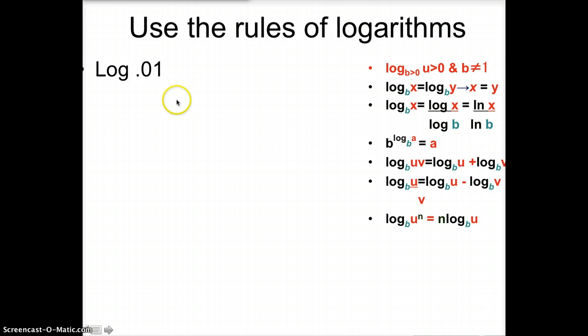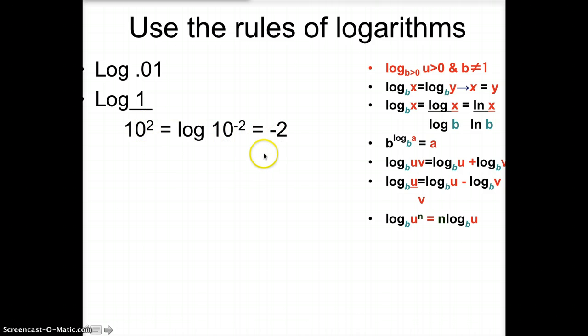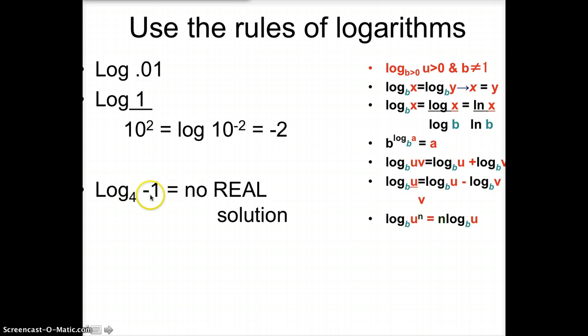Okay, and the last of these would be log of 0.01, which is 1 over 10 squared, which equals the log of 10 to the negative 2nd. Remember your negative exponent rule, and the solution is negative 2. Then log base 4 of negative 1.